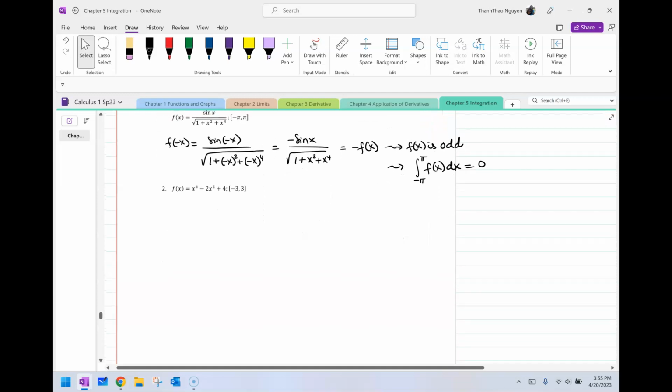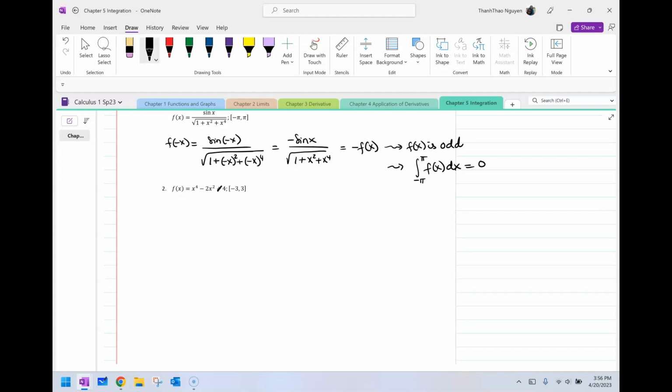In the next case, we want to evaluate the integral of x to the 4th minus 2x squared plus 0, from negative 3 to 3. Again, f of negative x is equal to negative x to the 4 minus 2 times negative x squared.